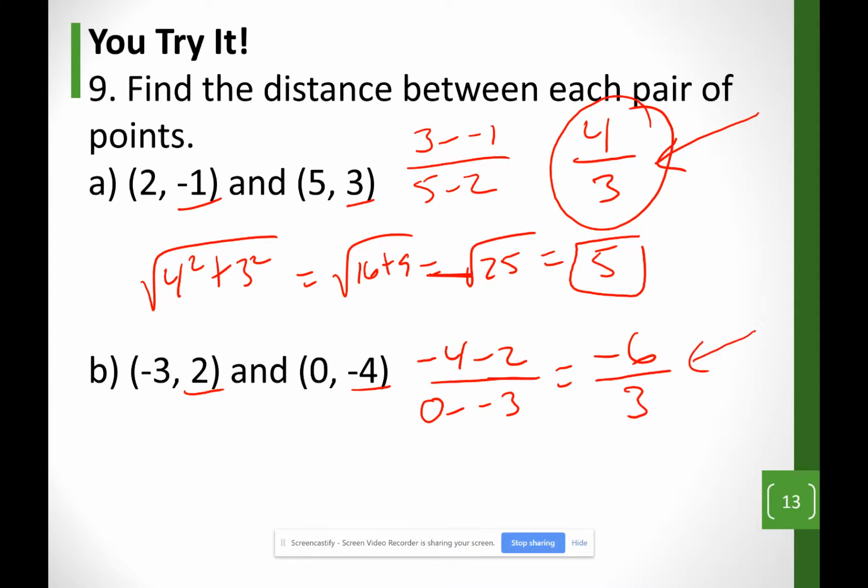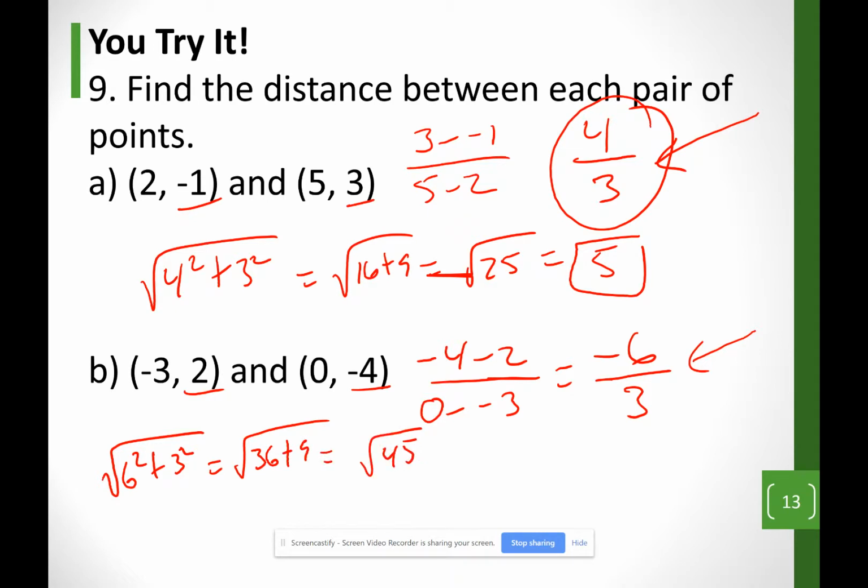I can simplify the fraction, but do not. For the distance, I'm going to go the square root of 6 squared plus 3 squared. Once again, my -6, I wrote it as +6 because it is going to be squared. So I have the square root of 36 plus 9, which is the square root of 45.